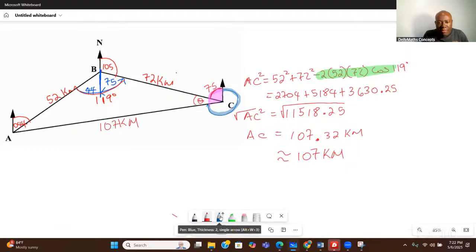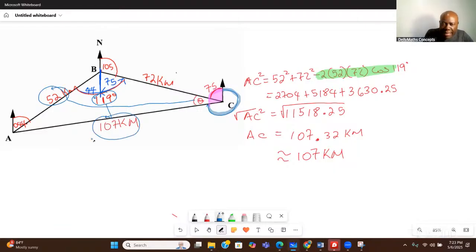Now take a look at this. We're talking about the angle that we want, and we have the opposite side for it, which is 52. We actually have 119 degrees, and we have the opposite side for that. So we can now utilize the sine rule, which speaks to a over sine A equal to b over sine B. We can utilize that to help us as we go forward.